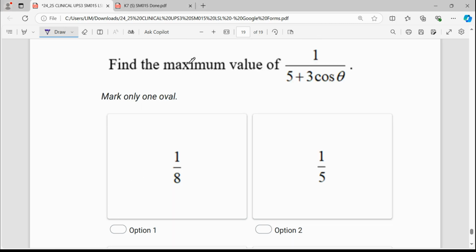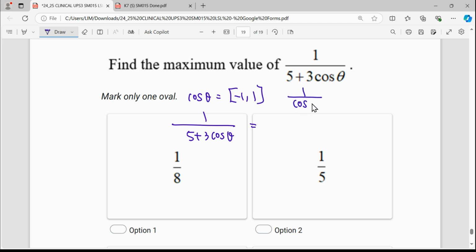Then find the maximum value for this inverse function. So normally for cos theta, its range maximum will be 1, minimum will be -1. But when it is under 1 over 5 minus 3 cos theta, when this is inverse, it means the maximum and minimum will also be inverse.